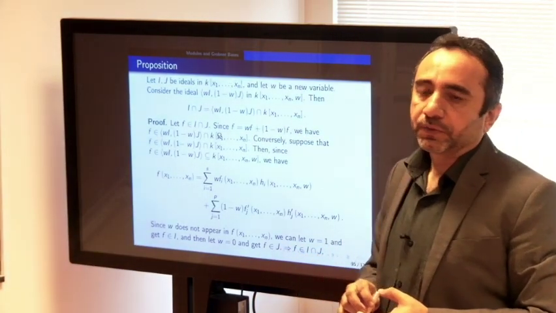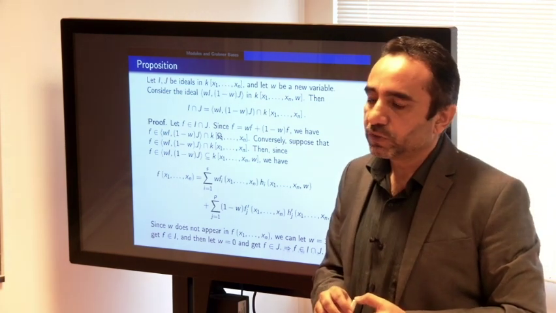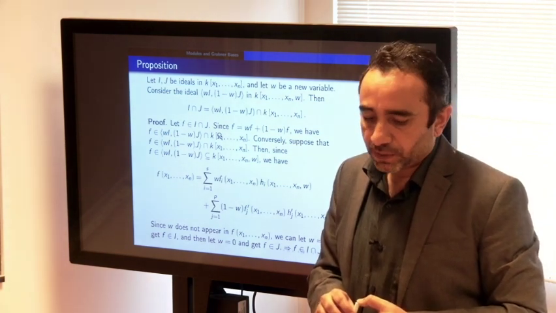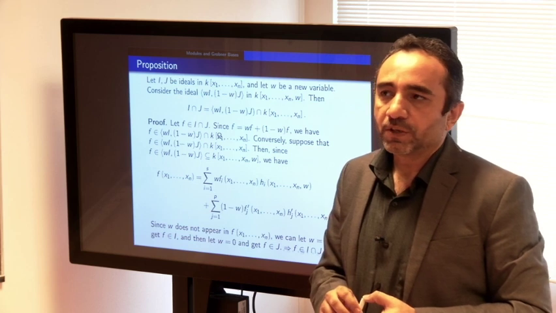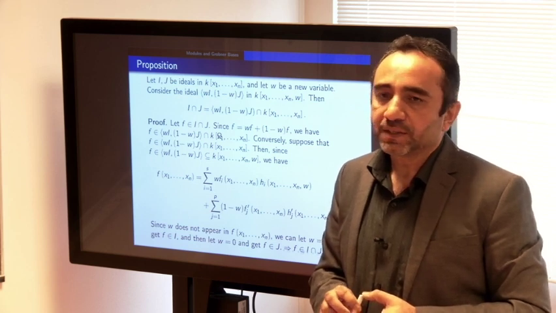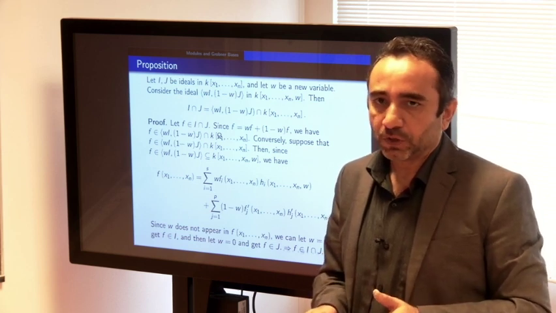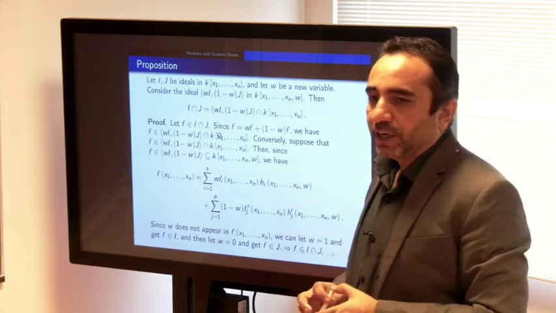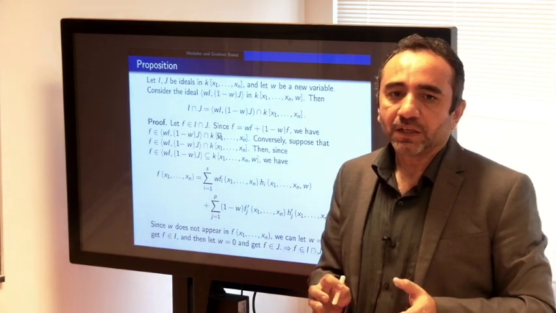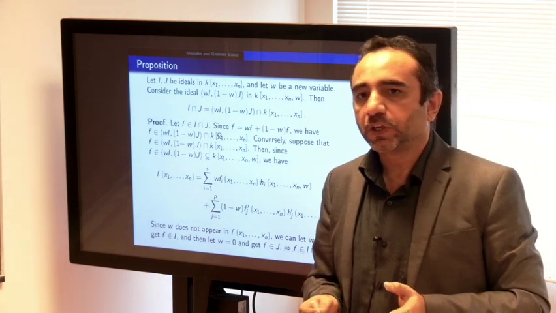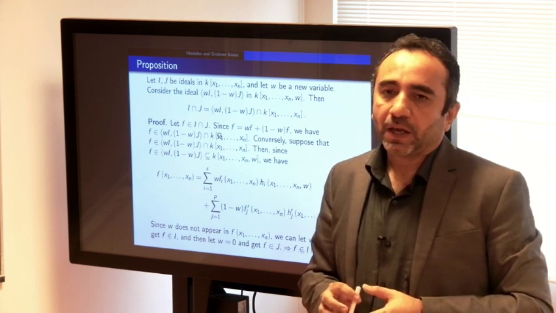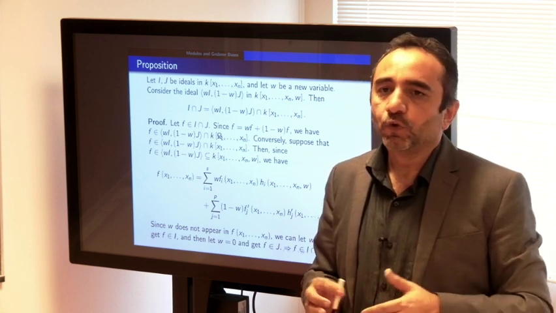Now we will use this elimination process to find the intersection of two ideals. Okay, so this result states that we have two ideals I and J in K of x1 up to xn, and let w be a new variable.